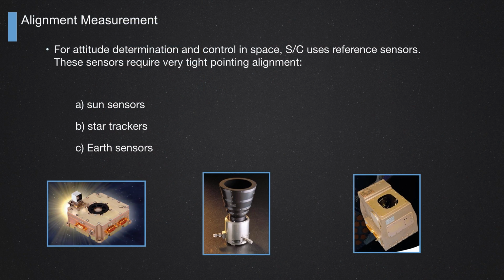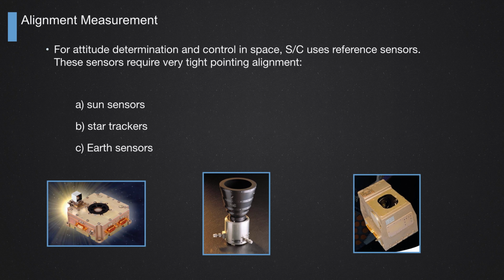How do we do that? The spacecraft has sensors. They have sun sensors, star trackers and earth sensors, for instance. So using these sensors, we can tell the spacecraft exactly what position it's flying in. It's not bent like this or the other situation. It's at the correct attitude during the orbit.